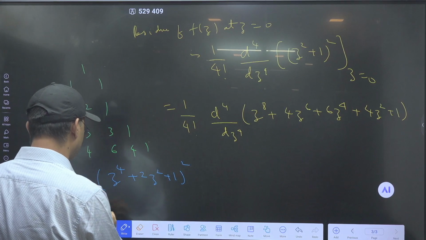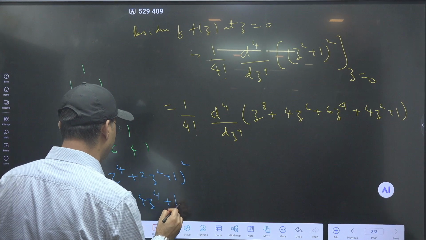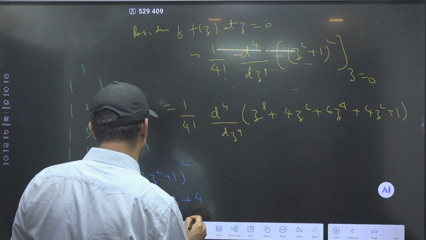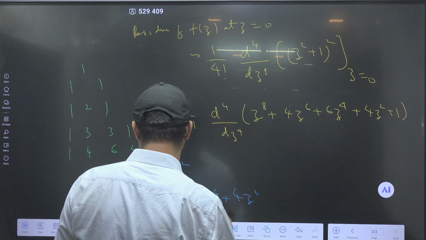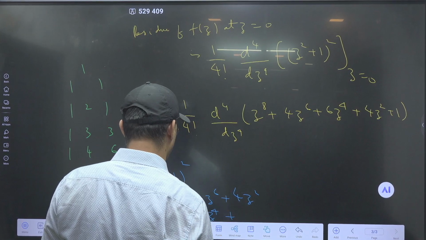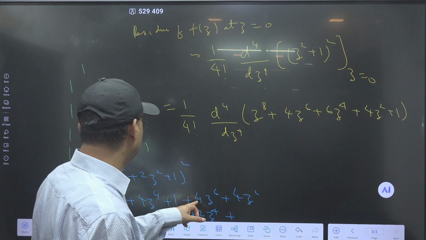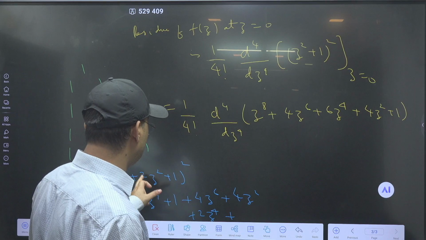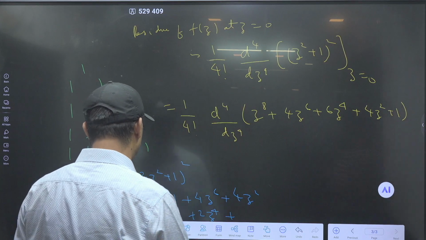What will its square be? z to the power 8 plus 4 z to the power 4 plus 1 plus 2 into 4 z to the power 6 plus 4 z square plus 2 z to the power 4. Okay, I have taken a square plus b square plus c square plus 2ab plus 2bc plus 2ca. So I have all these terms.